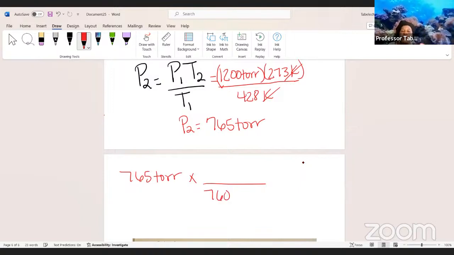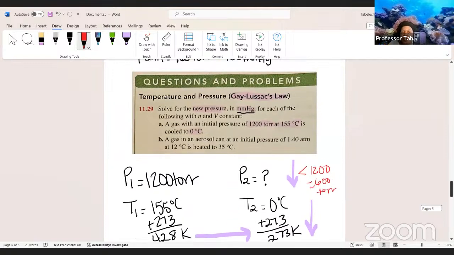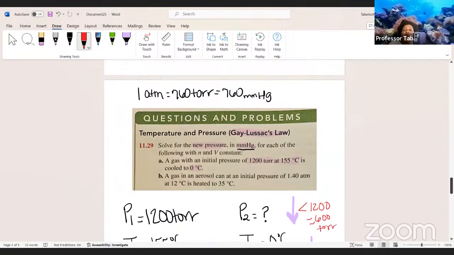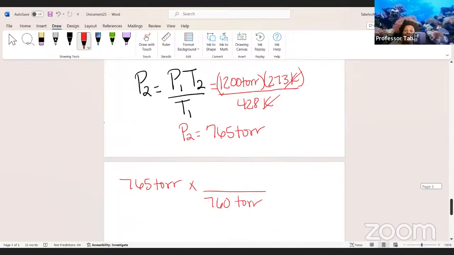I know that 760 torr is on the bottom, okay? Because remember, right here, 760 torr equals also 760 millimeters of mercury.